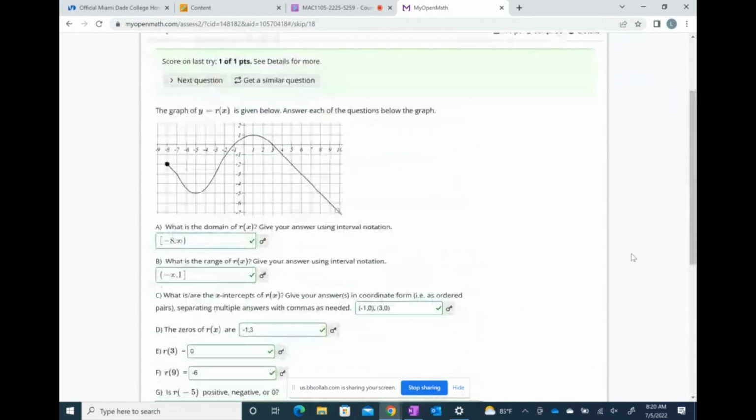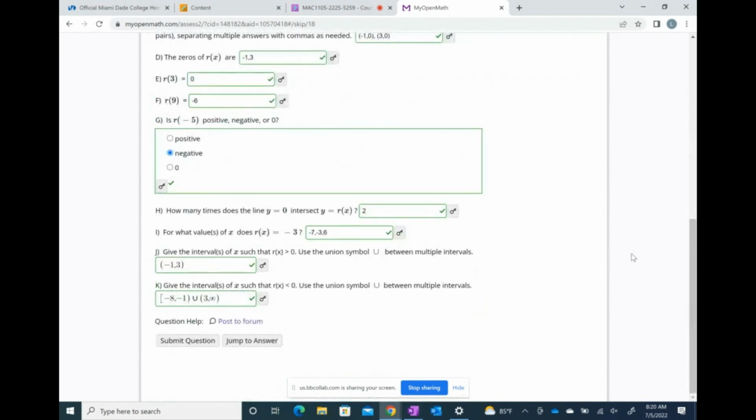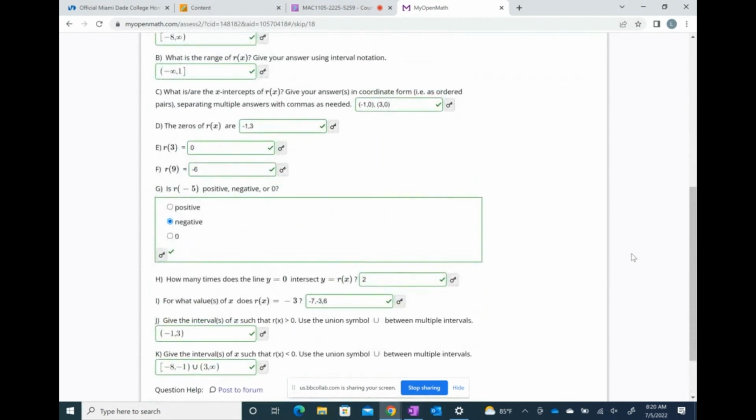It's just whether you really understand the ideas or not. It's just looking at a picture and answering the question. Typically, what happens is that you actually have a formula instead of a picture, and then you need to answer similar questions like this. Okay? There are some things that we have not discussed yet. If I give you a formula, with what we have discussed so far, as long as it is a reasonable function, you should be able to do all the way up to I, say.